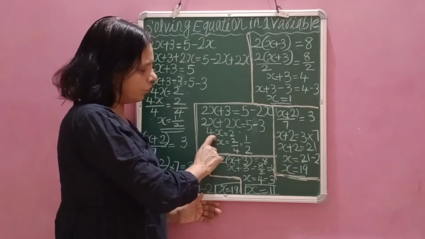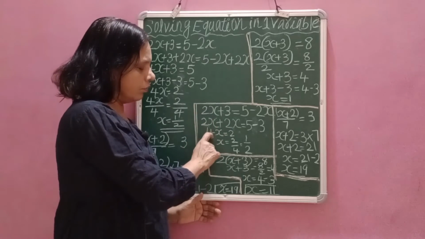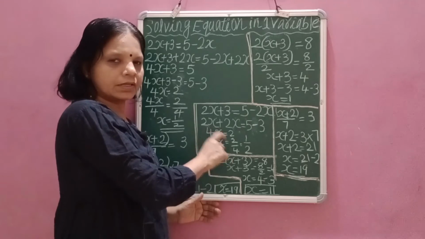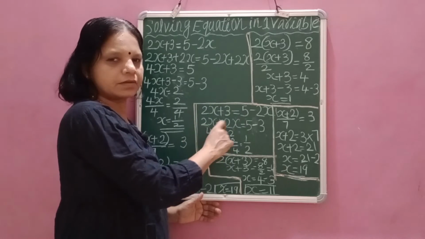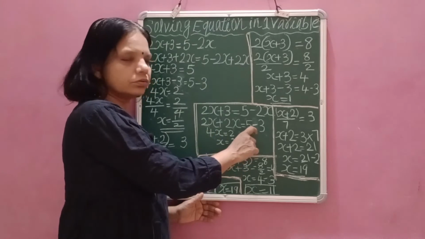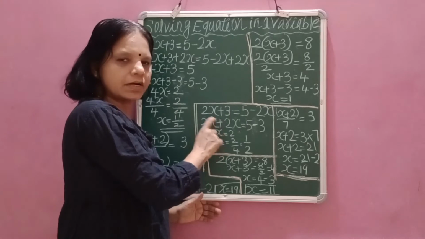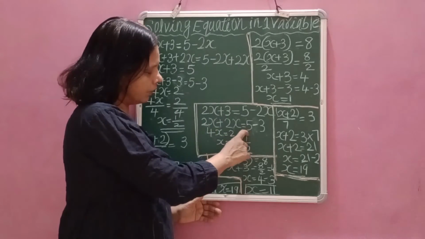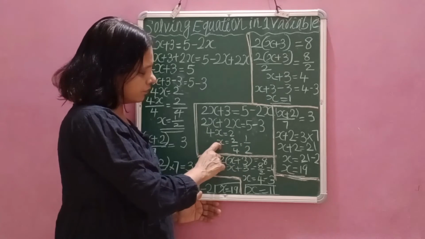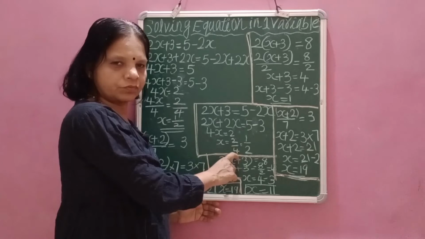2x plus 2x is 4x. 4x equal to 2. Now the division is cancelled by multiplication, or multiplication is cancelled by division. So whenever 4 is taken to RHS, here x is multiplied by 4, so here it becomes division. So we can directly write it as x is equal to 2 upon 4. It becomes upon 4.